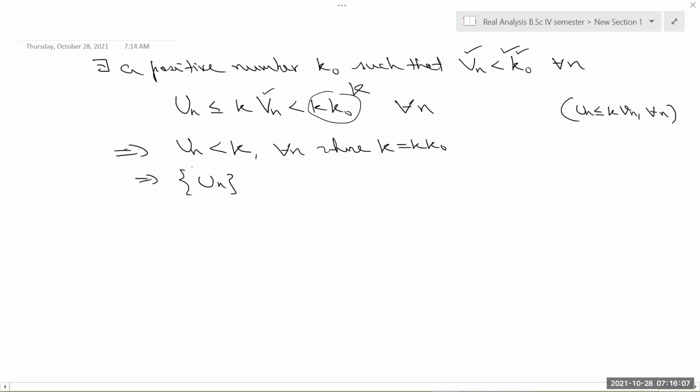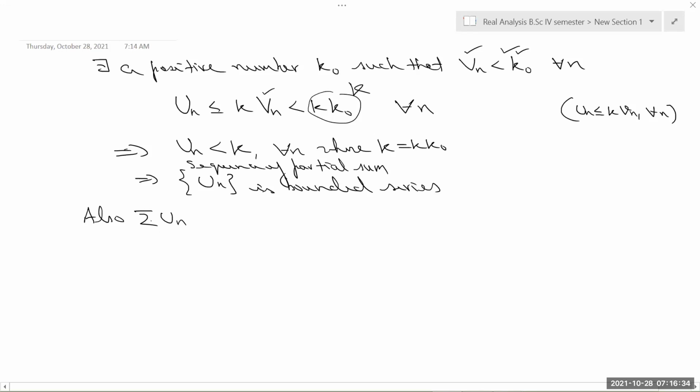The sequence of partial sums, SOPS, is bounded above. And also we know that this one is a series of positive terms, so its SOPS will be monotonically increasing. So let me write here that also this summation Un, where n is equal to say 1 to infinity, or in short just write summation Un.